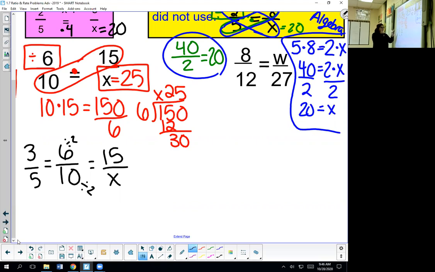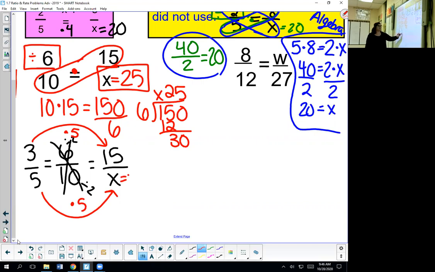And then they're like, okay, so now that I simplified that, I now see the trick. I could use the trick here. I could go from 3 to 15 by multiplying by 5, and then I can go 5 times 5, and I get 25. Could you do that? Yeah, absolutely.